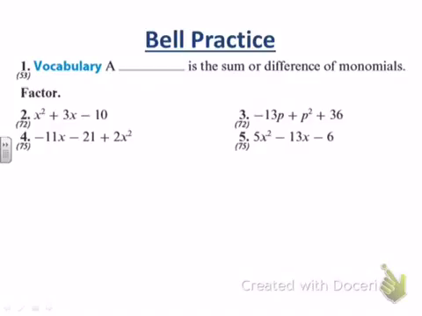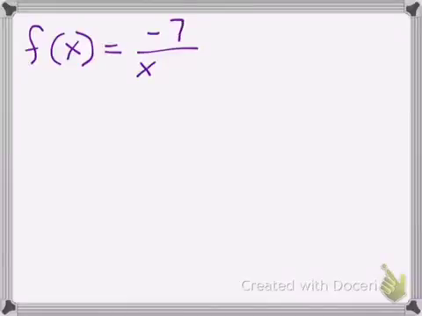F of x equals what? Y'all help me out. F of x equals -7 over x plus 4, minus 3. So x can't equal -4. Right. So the excluded values, x can't be -4.